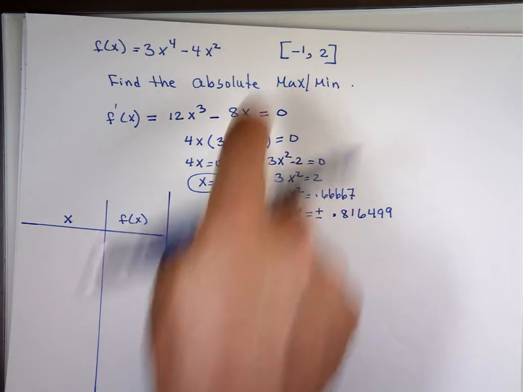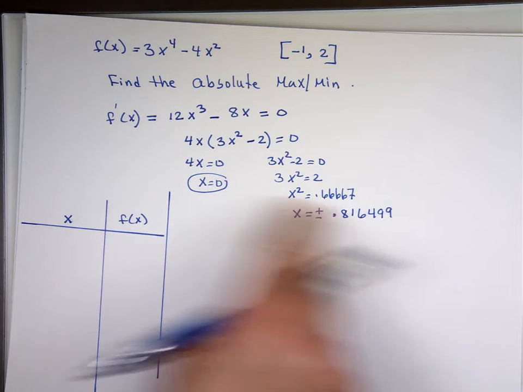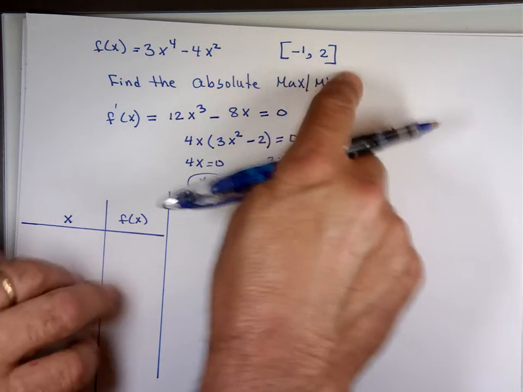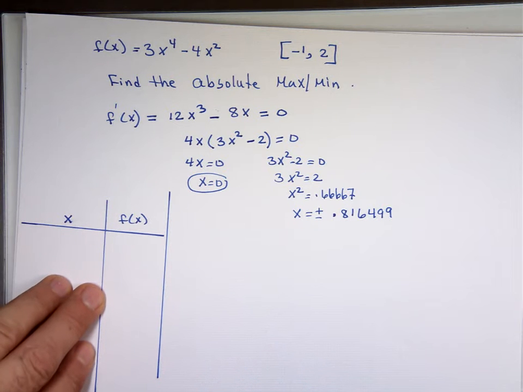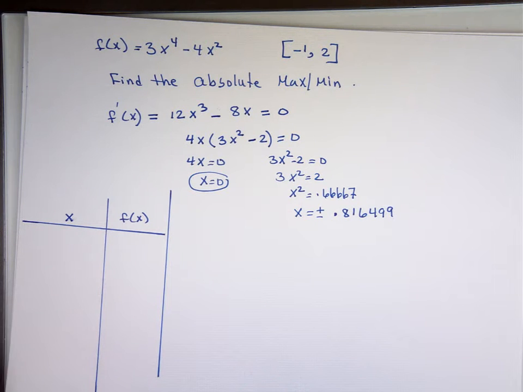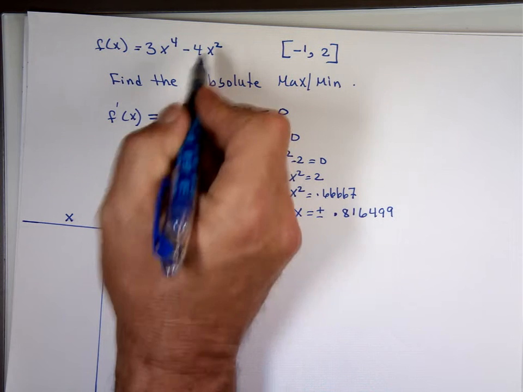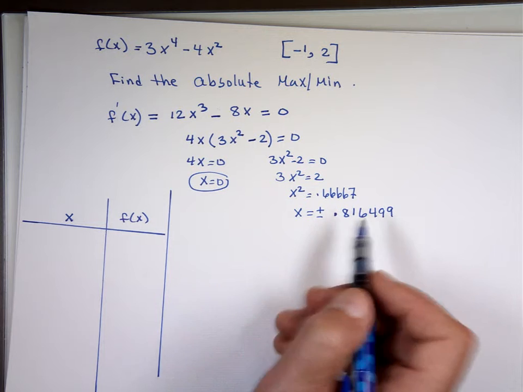The endpoints and where the derivative is 0. I got to make sure these points fit within that. I copied the problem wrong. That's supposed to be cube to make it nice numbers here, whole numbers. But it doesn't really change anything.